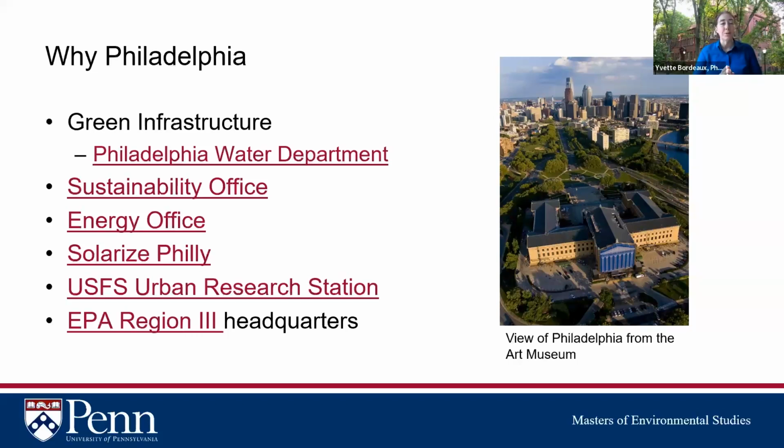So you can do research on urban watersheds, on urban forestry, and there's just a whole range of topics that they're working on and you can get involved with. And EPA Region 3 is headquartered here in Philadelphia. So there are opportunities to volunteer and work with them, okay? So those are some things that are available to you just in the city itself.